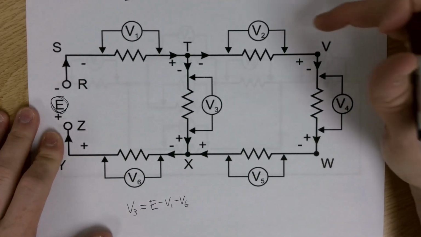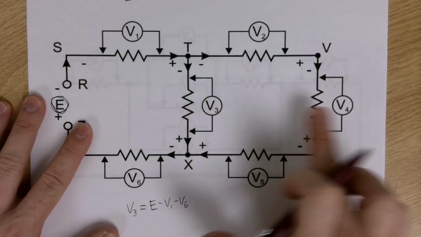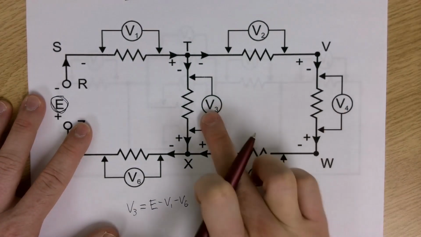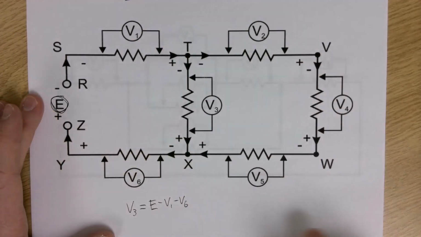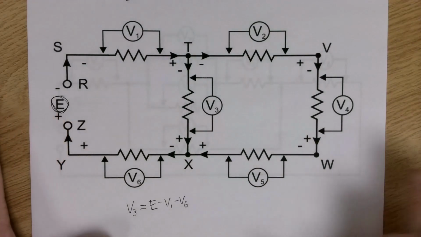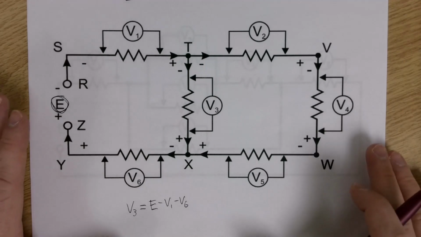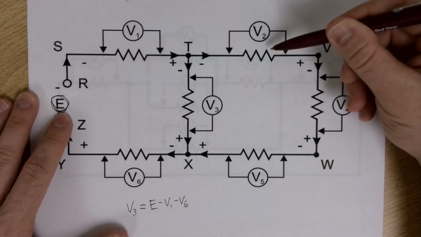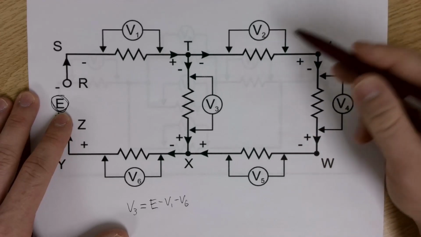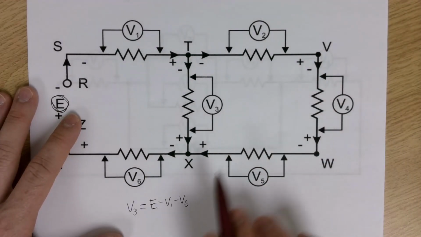Because if not for V2 and V5, V3 would be equal to V4. But because there's a volt drop here and here, they're not equal to each other. Because it's now a series parallel circuit, we're not looking at just parallel circuits. And this type of circuit is a bit more real world, because even though we don't really hook up a resistor in series with a load, we often don't do that because we don't want significant line loss.